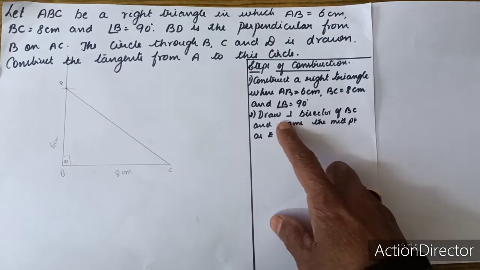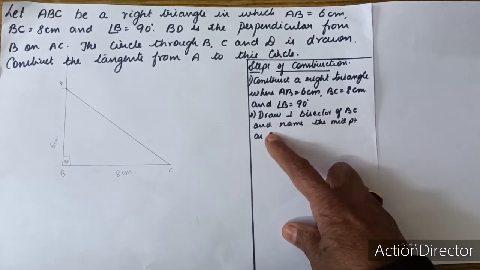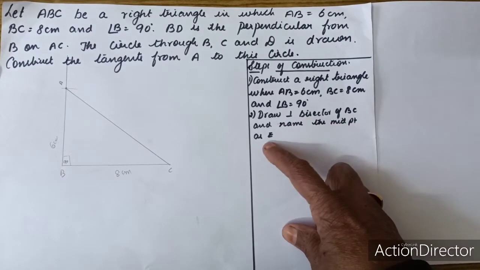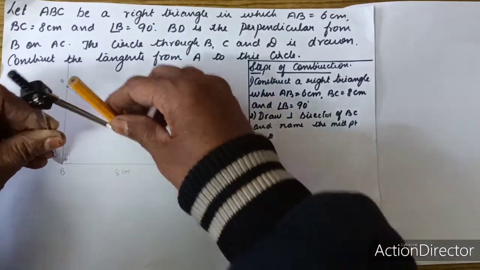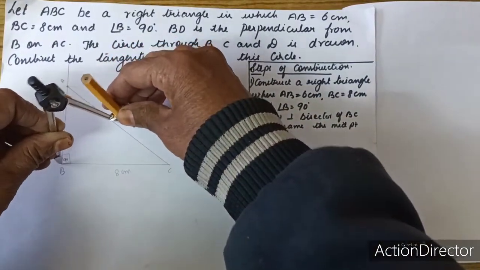Step number 2. Draw the perpendicular bisector of BC and name the midpoint of BC as E. Now I am going to draw the perpendicular bisector of BC.